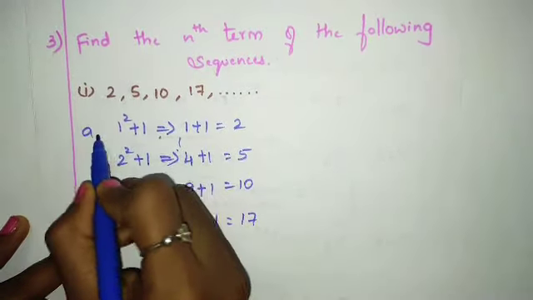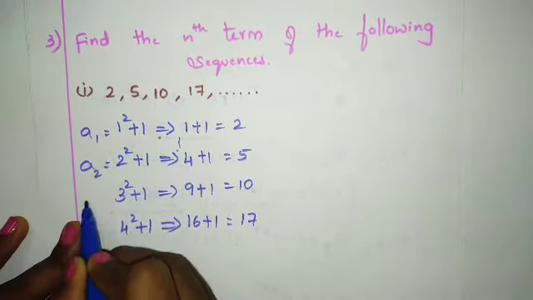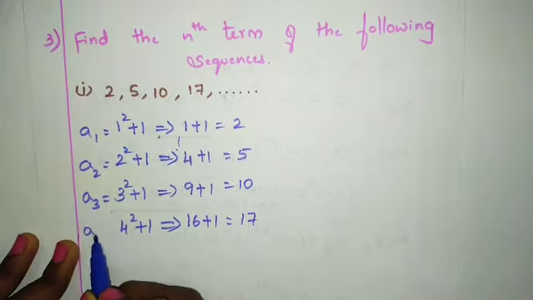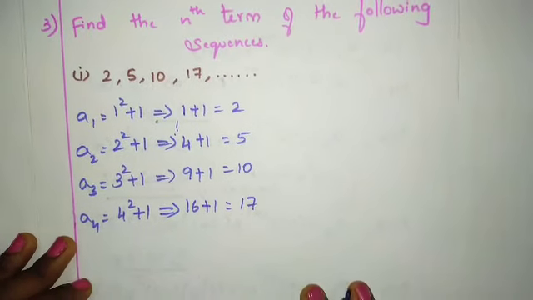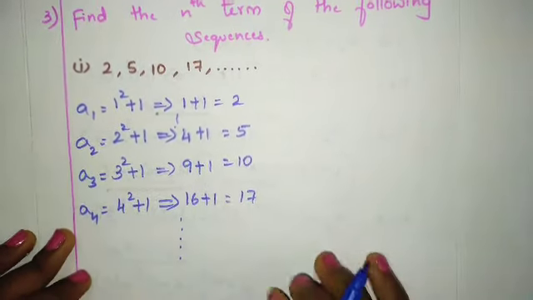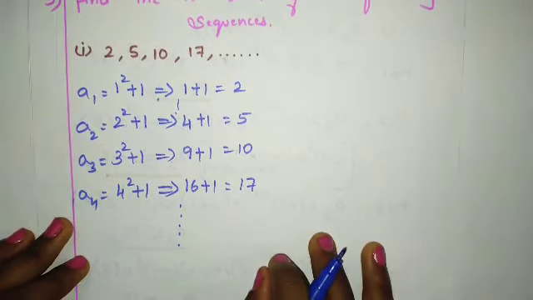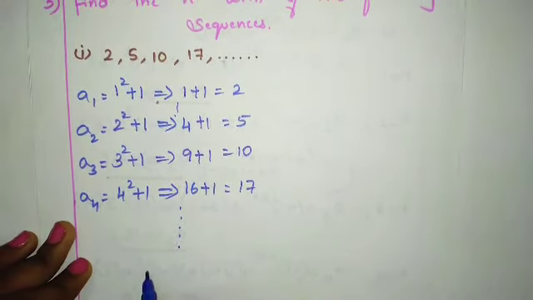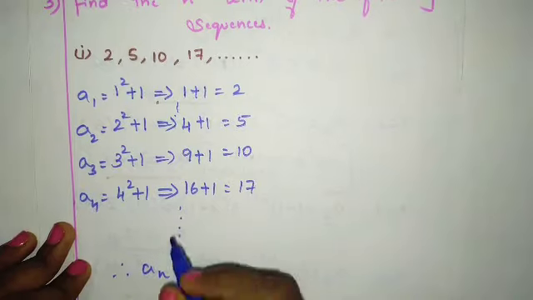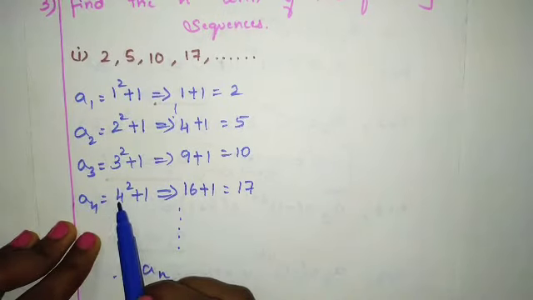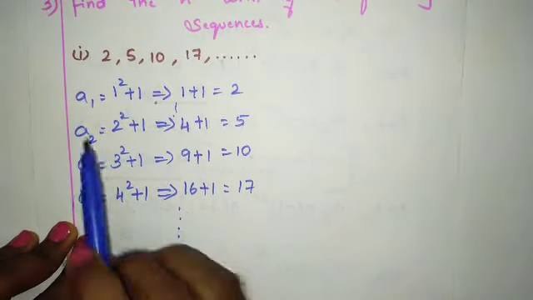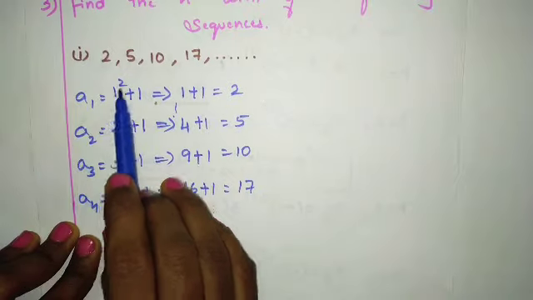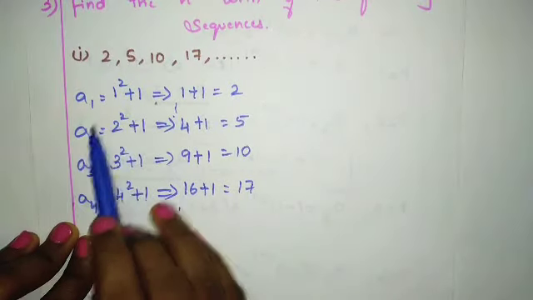Similarly, this is your A1, A2, A3, A4. If I continue this for AN, your AN will be what? N square plus 1. If it is A1, what happens? 1 square plus 1. If it is A2, 2 square plus 1.